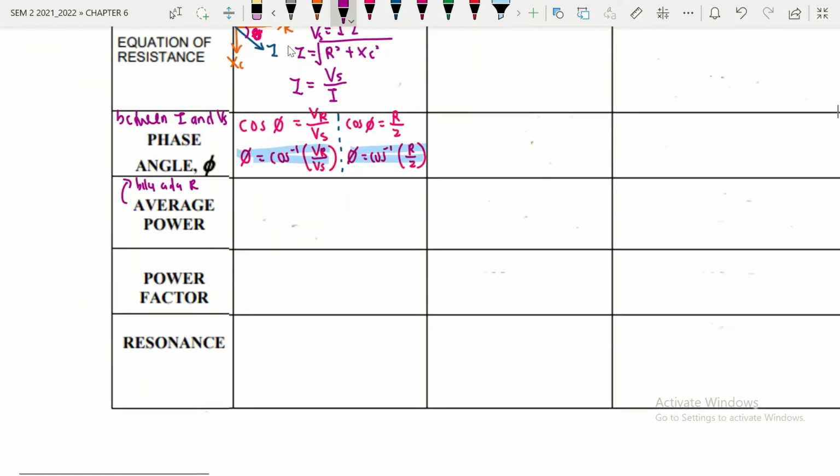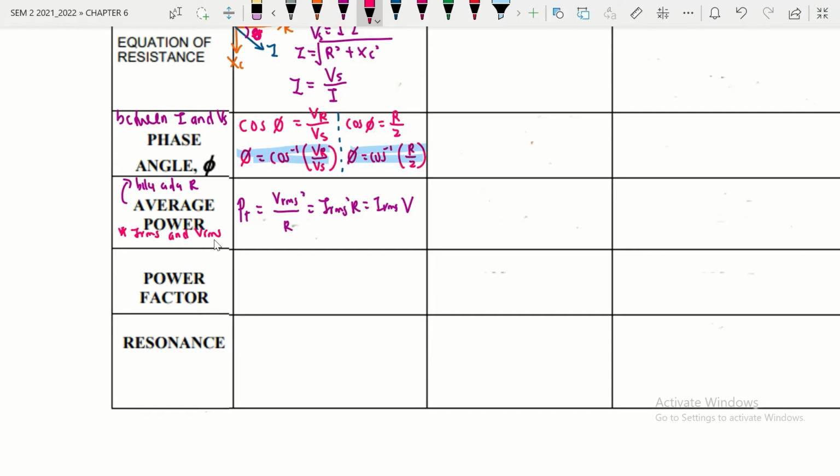So, average power, kita dah tahu dah, PR equals to VRMS squared over R equals to IRMS squared R equals to IRMS V. Okay, remember. Dia punya current mestilah current RMS and V RMS. Settle. Okay, now let's look at the power factor.